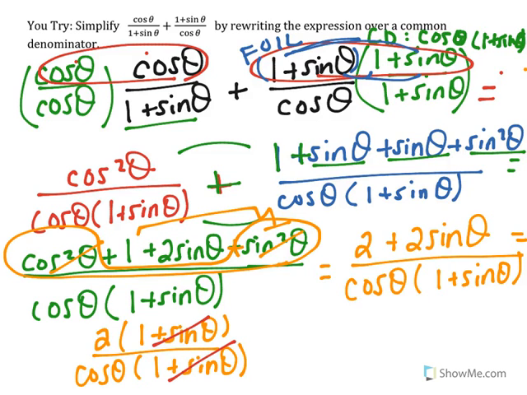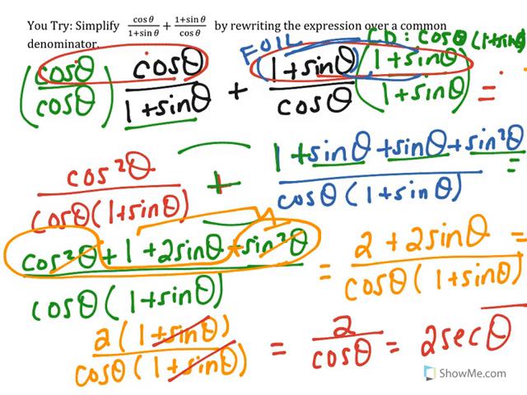The 1 plus sine thetas cancel, and I am left with 2 over cosine of theta, which is 2 secant of theta. It happens to be the same ending as the last one. A lot of the steps are going to be the same; that's just how it will end up working out.